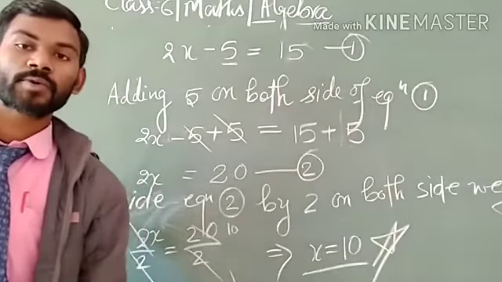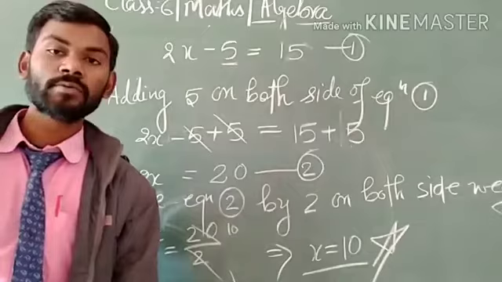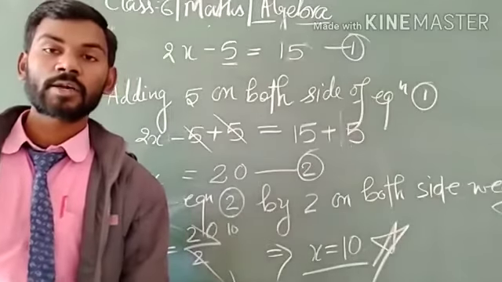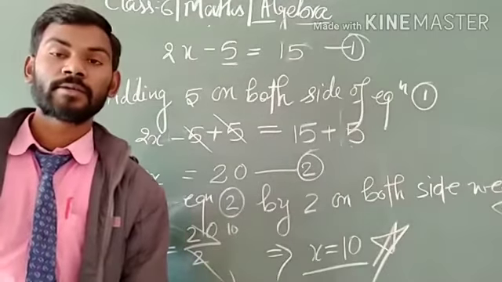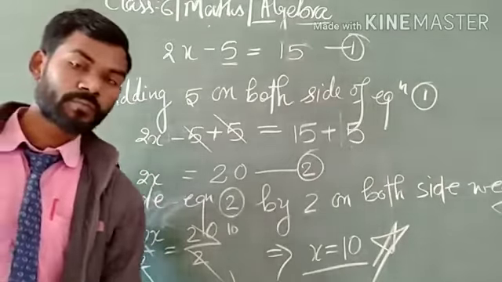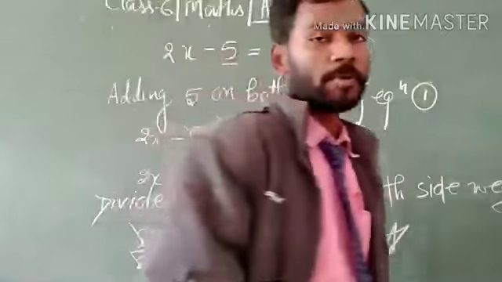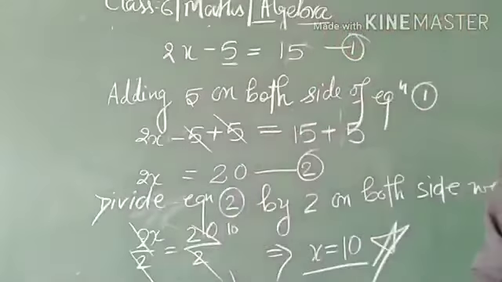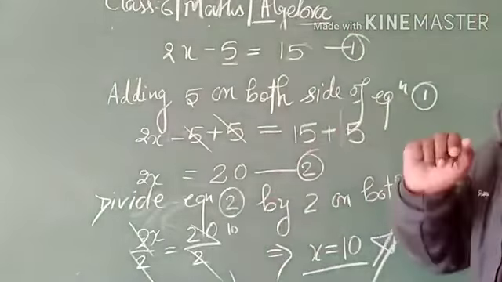Therefore, we need to remove these two constants in order to free the variable. For this, we follow the simultaneous operation method as written here.